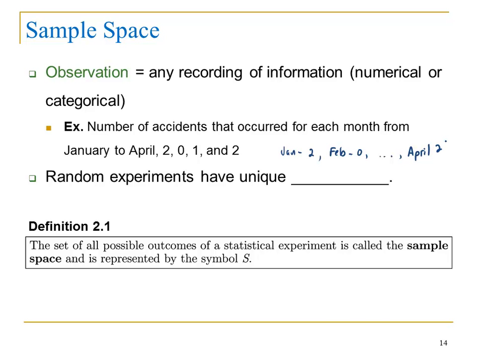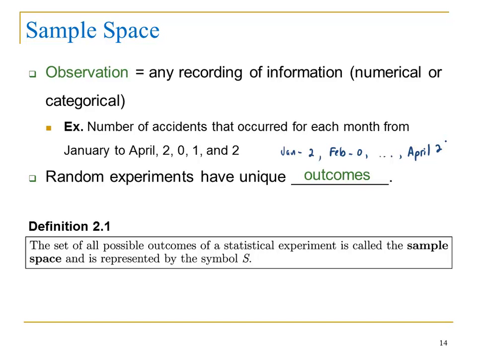So random experiments have unique outcomes. And as a definition of a sample space, the sample space is the set of all possible outcomes of a statistical experiment.